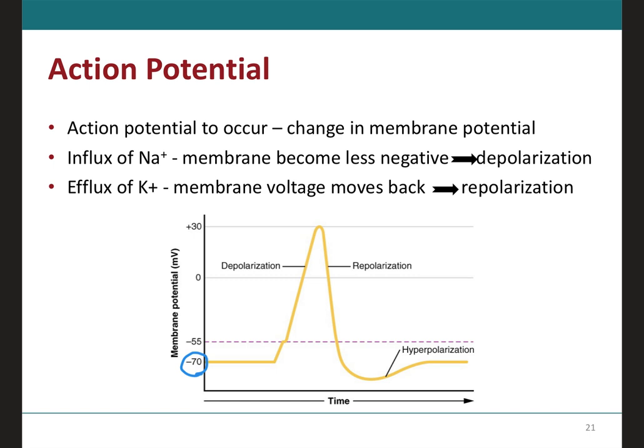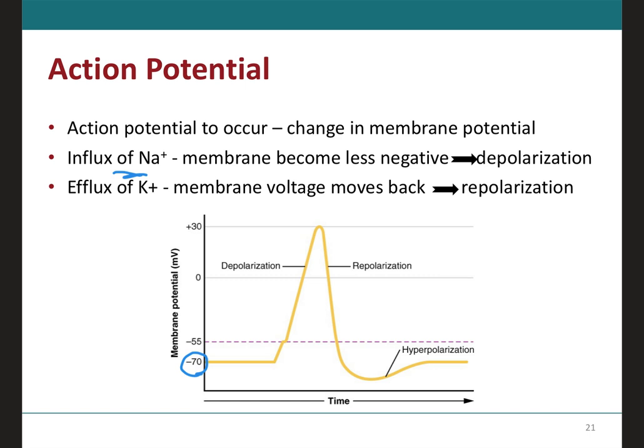Now, to get an electrical signal started, the membrane potential has to change. And this starts with a channel opening for sodium in the membrane. And because the concentration of sodium is very high outside of the cell, by a factor of 10, the ions will then rush into the cell, and this is driven largely by the concentration gradient. Now, because sodium is a positively charged ion, it will change the voltage inside of the cell compared to the outside.